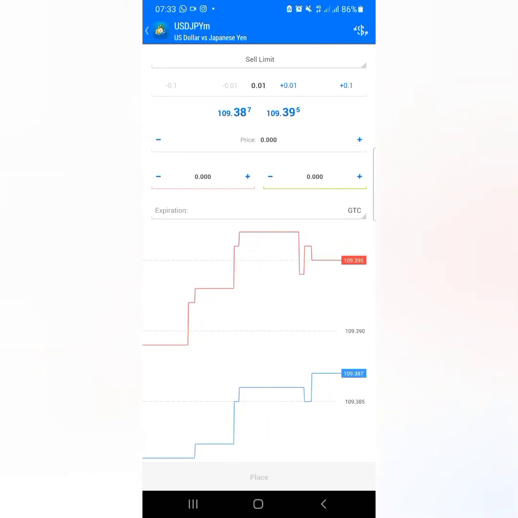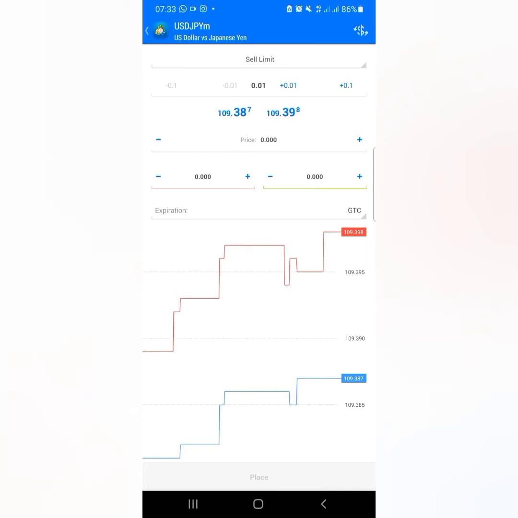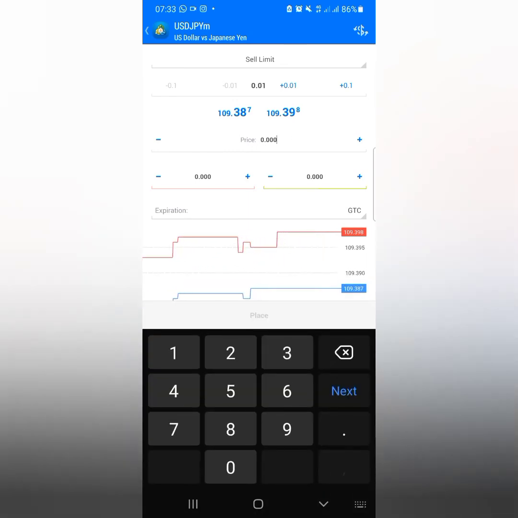If I'm not mistaken, 109.398, that's the current price. So you want to sell this order. I think the current price is actually 109.389.